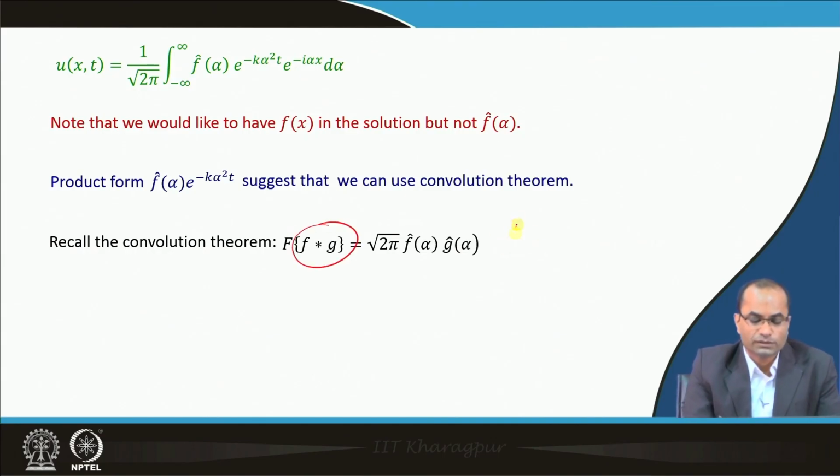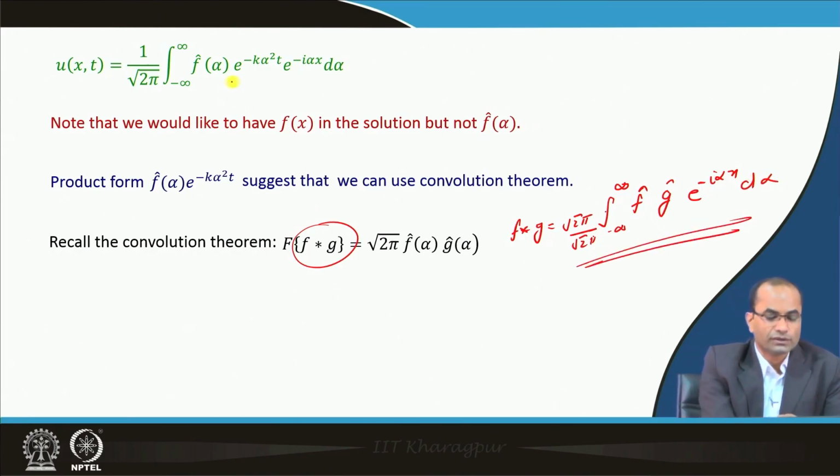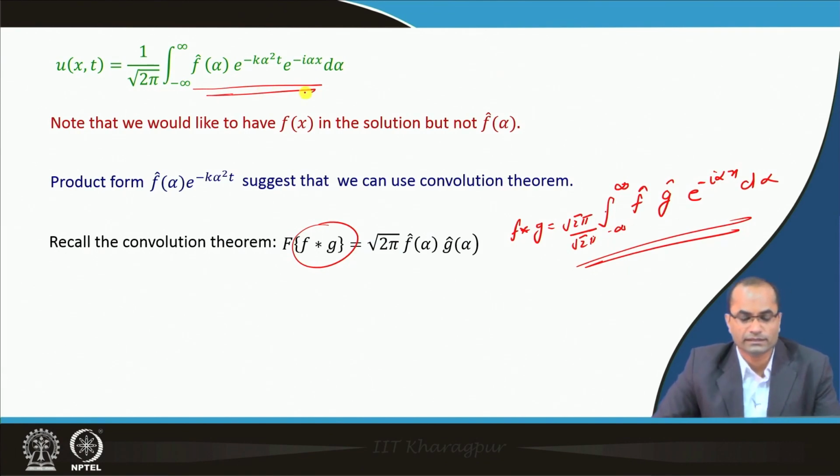If we take the inverse, we have f star g equal to square root 2 pi times the inverse, that means 1 over square root 2 pi, integral from minus infinity to plus infinity of f hat, then g hat, and e power minus i alpha x, d alpha. This is exactly the structure we have here.